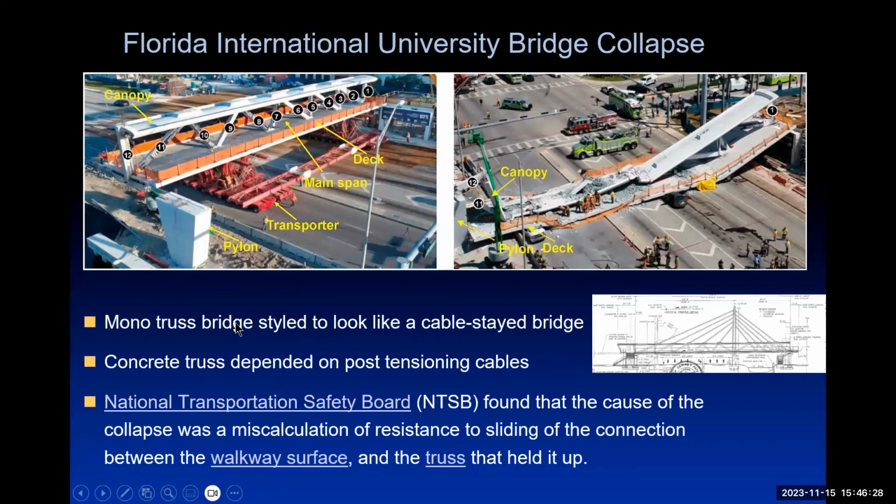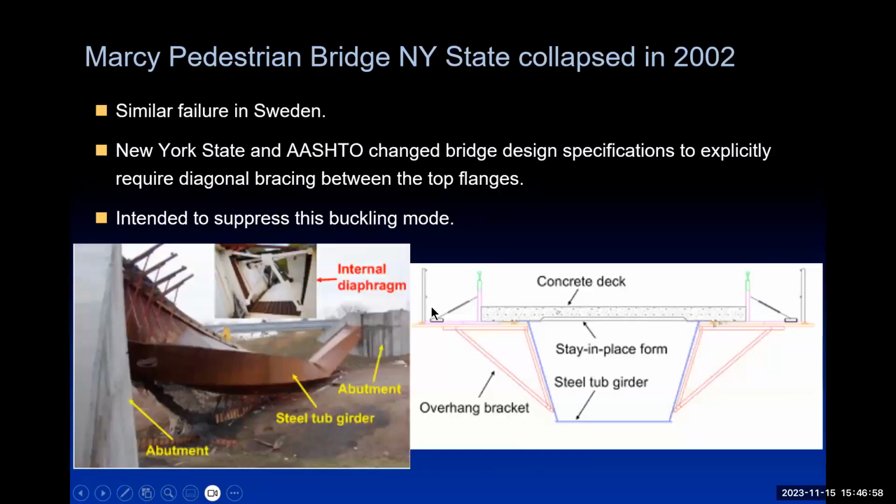What you can see here is that we have a truss section here. We have the walkway and we have a roof, and then the truss is created along there. The concrete truss depended on post-tensioning cables, and the post-tensioning cables went through to the walkway.